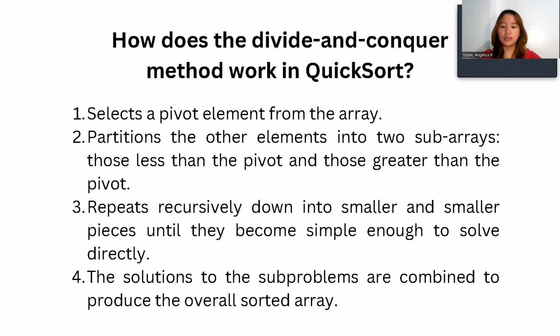This process is repeated recursively for the sub-arrays, effectively breaking the problem down into smaller and smaller pieces until they become simple enough to solve directly. Finally, the solutions to the subproblems are combined to produce the overall sorted array. More details will be discussed later.